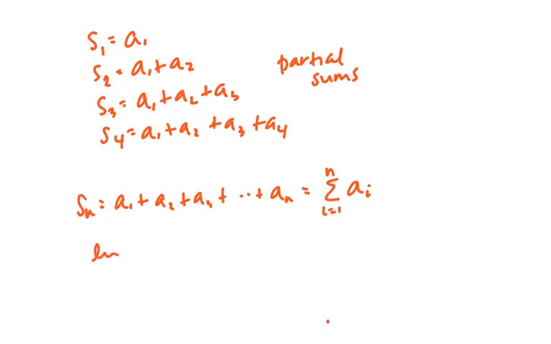And we can say if the limit as n approaches infinity of S sub n equals some sum, if this exists, then we can find the sum of the sequence A sub n. So we have a definition.